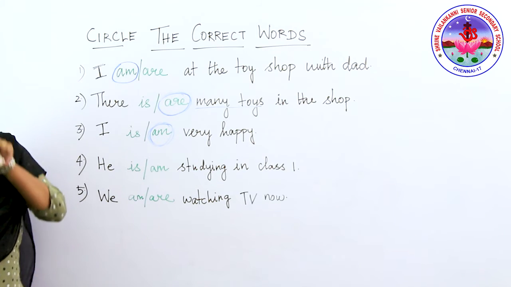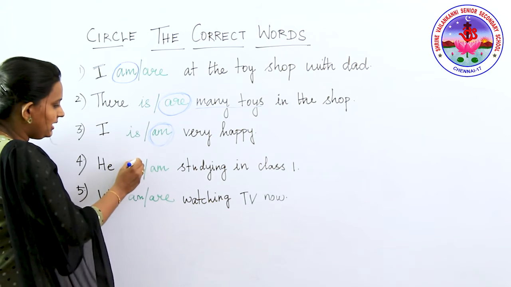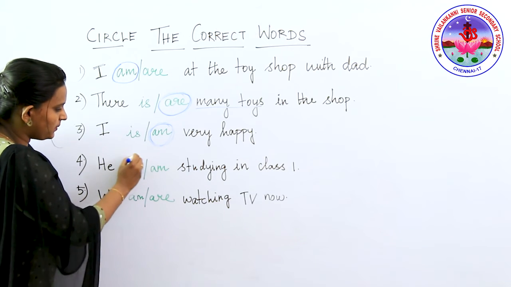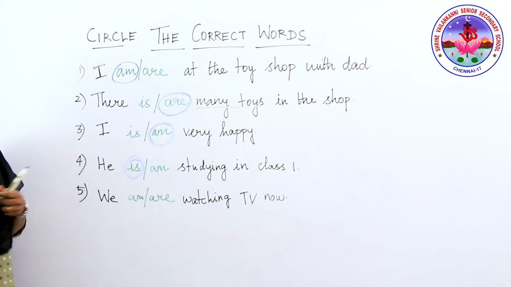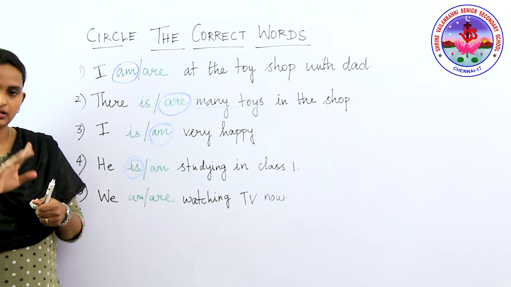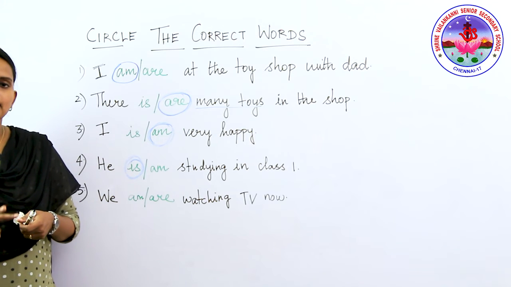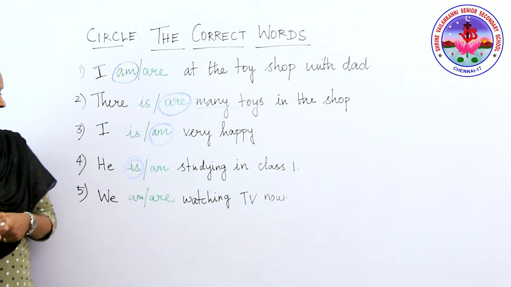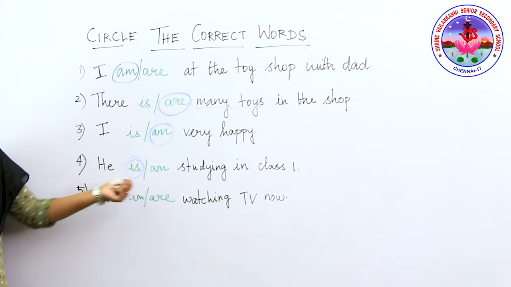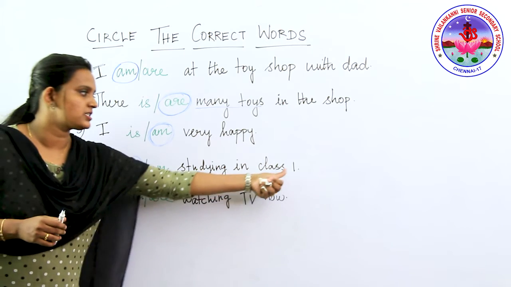So if it is going to be one in number, then immediately we have to use the word is. You all knew that, isn't it? If it is going to be one in number, we have to use is. If it is going to be more than one in number, in that case, you have to use are. So therefore, the correct answer is he is studying in class 1.